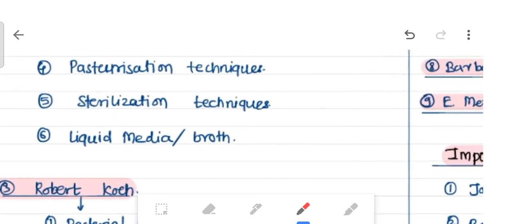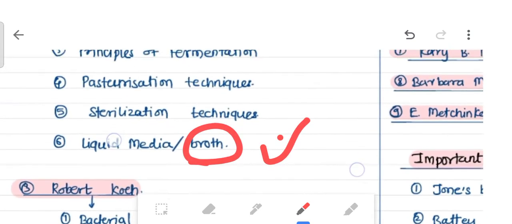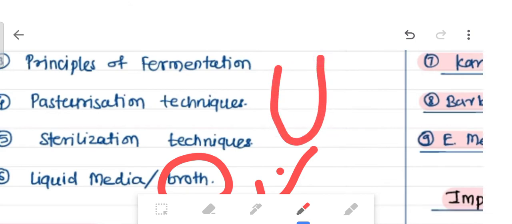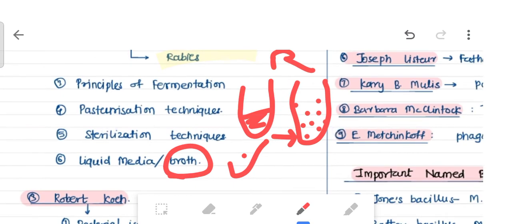Liquid media we know as broth. As you know, he saw the liquid media. This one is clear, and in this one turbidity is shown, so growth is identified by the turbidity. So what did Louis Pasteur do?